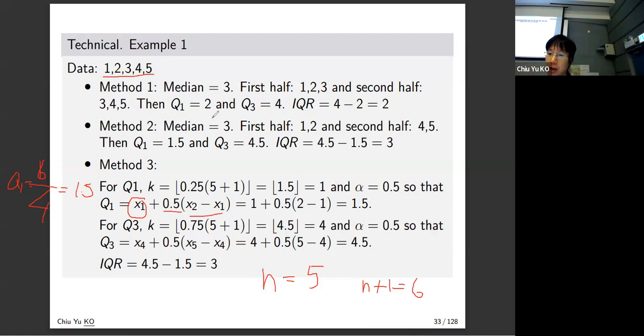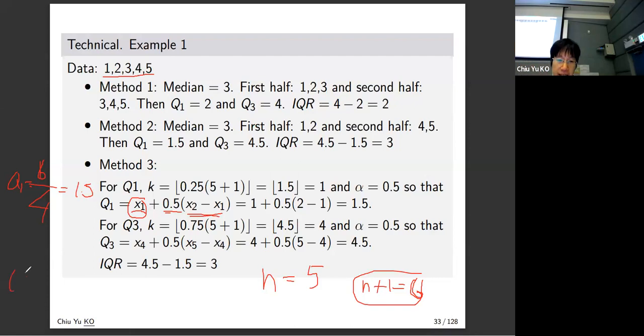Let me repeat the statement. The total number of observations is 5, plus 1 is 6. For Q1, a quarter of 6 is 1.5. Where's the 1.5 data? It's data number 1 and halfway between 1 and 2.